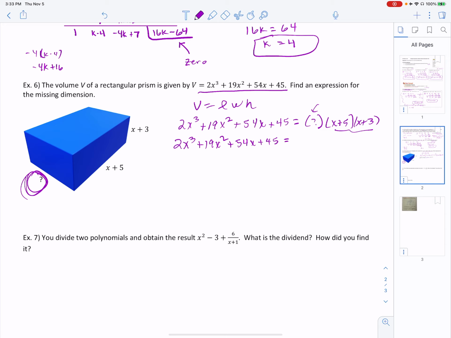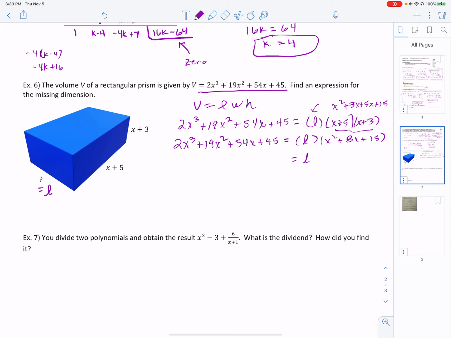You're going to multiply these out, which is x squared plus 3x plus 5x plus 15. So this unknown factor times x squared plus 8x plus 15. And so maybe I could go back and let this be my length, and then I have a variable in here that I'm solving for instead of a question mark.